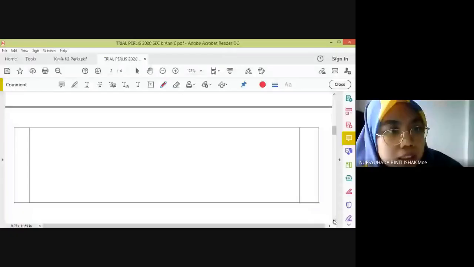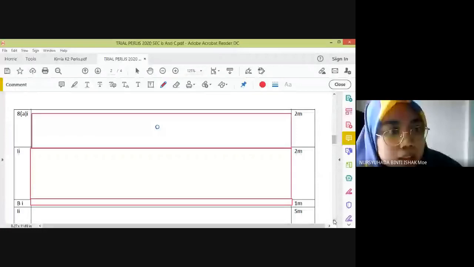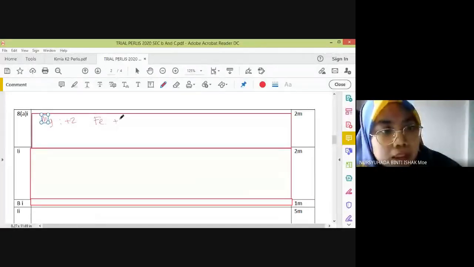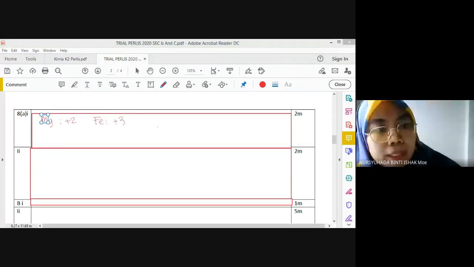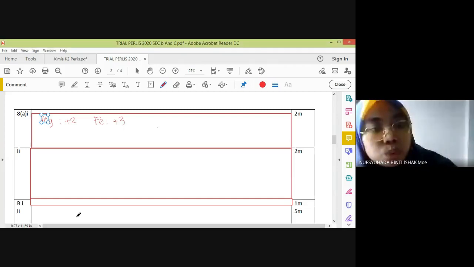Mg oxidation number dia adalah +2 and then Fe adalah +3. Make sure untuk oxidation number plus or minus wajib mesti harus tulis. Kalau tulis 2, 3 salah.